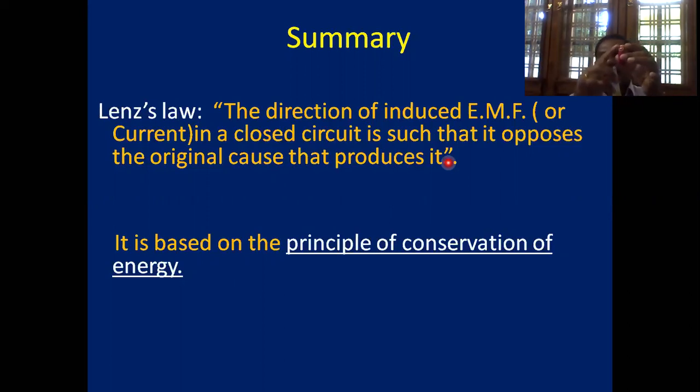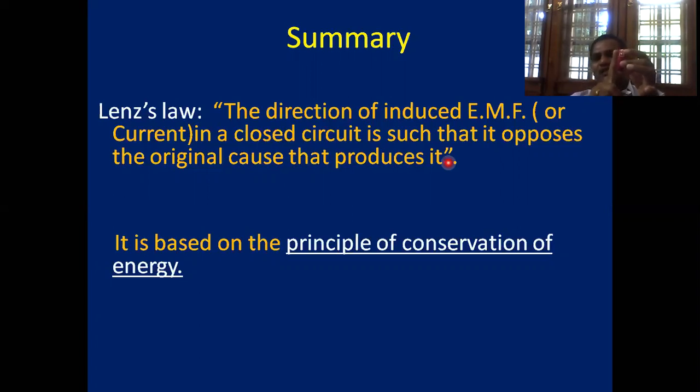The magnetic field due to this north pole is intersecting this closed loop, right? So electromagnetic induction takes place, then EMF and current are induced in this coil. Due to the flow of this induced current, its own magnetic field forms around this coil, so it behaves like a magnetic dipole.